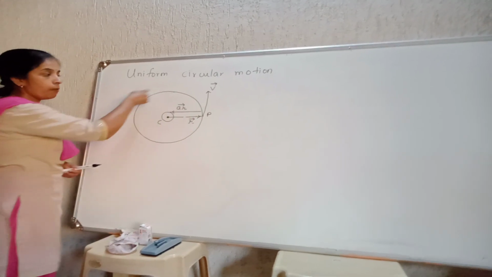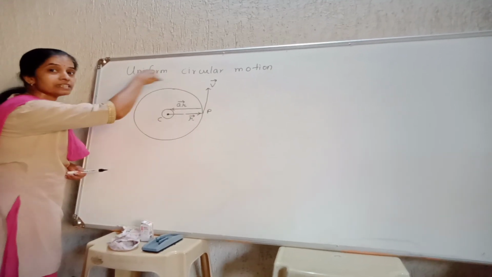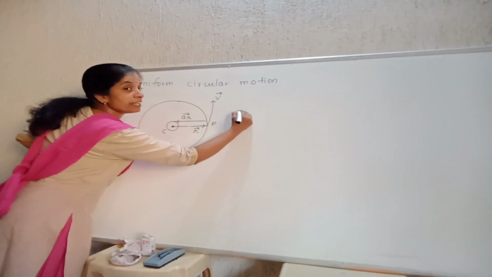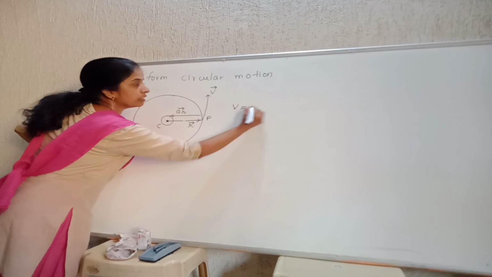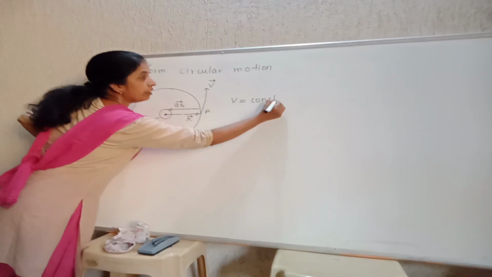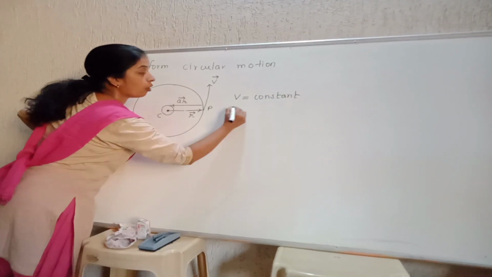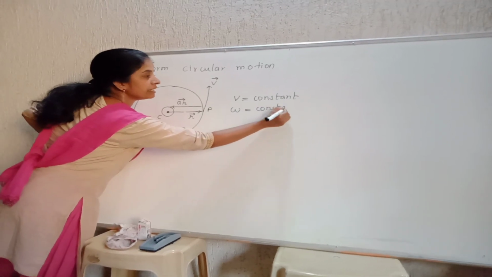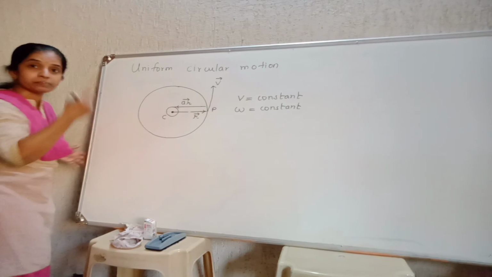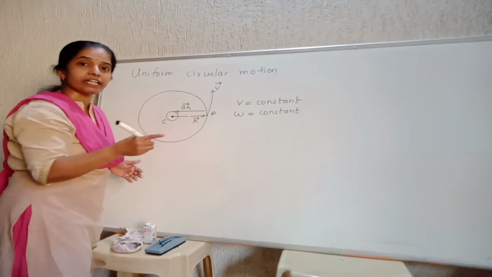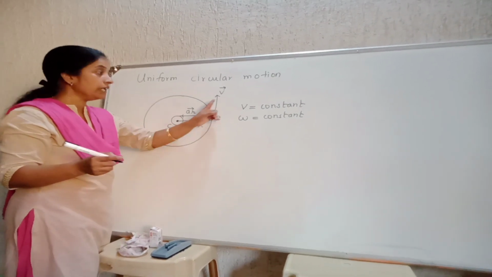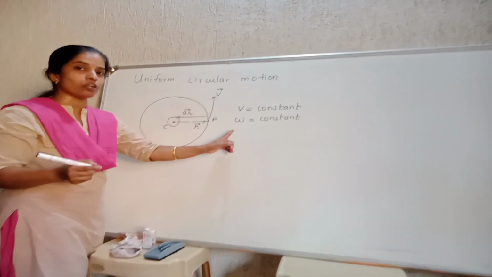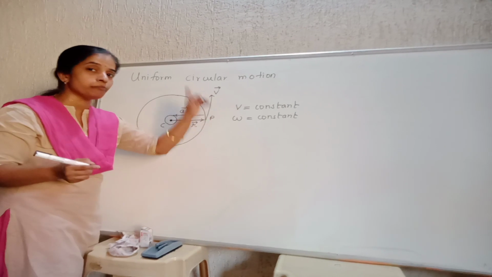It is the motion of the particle along the circumference of the circle if the speed remains constant or the angular velocity remains constant. Then it is called uniform circular motion.